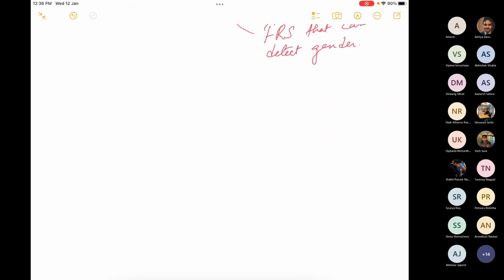Now the point here is this word gender. So what do you think? What should be the structure of gender? Is it binary? What is your take on this?